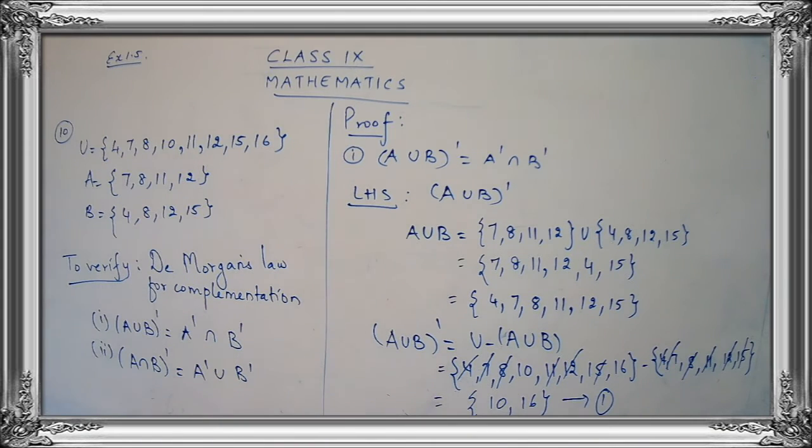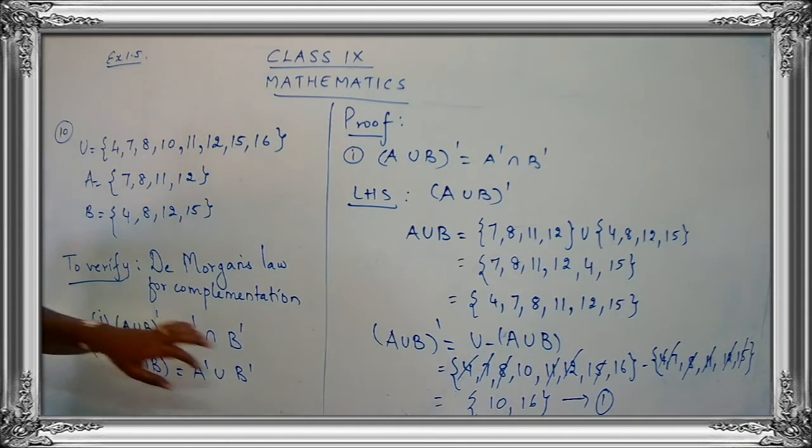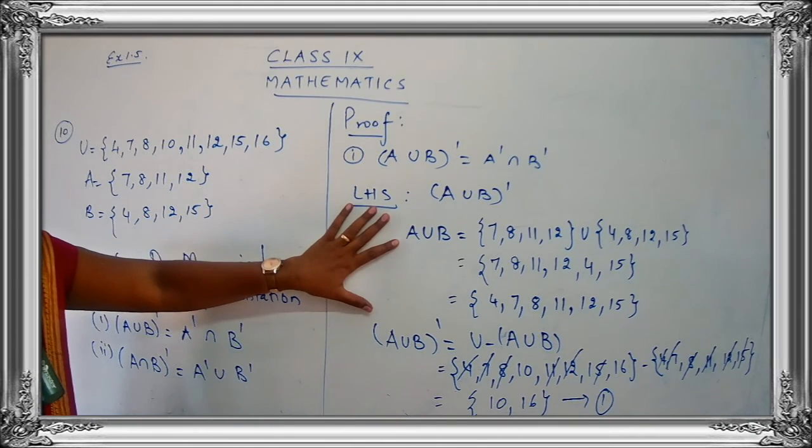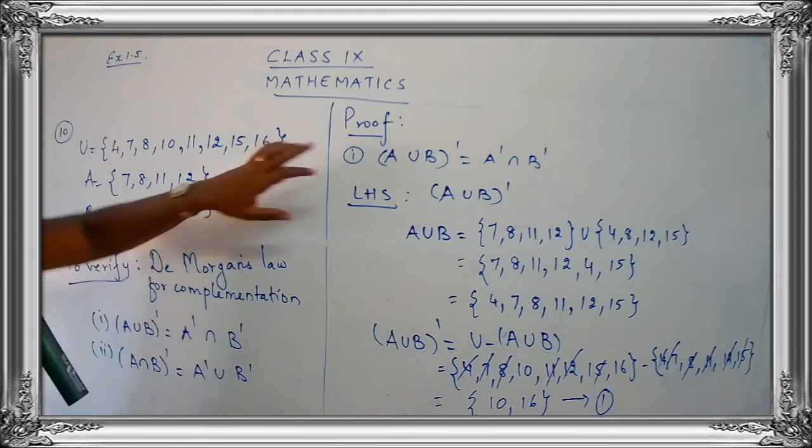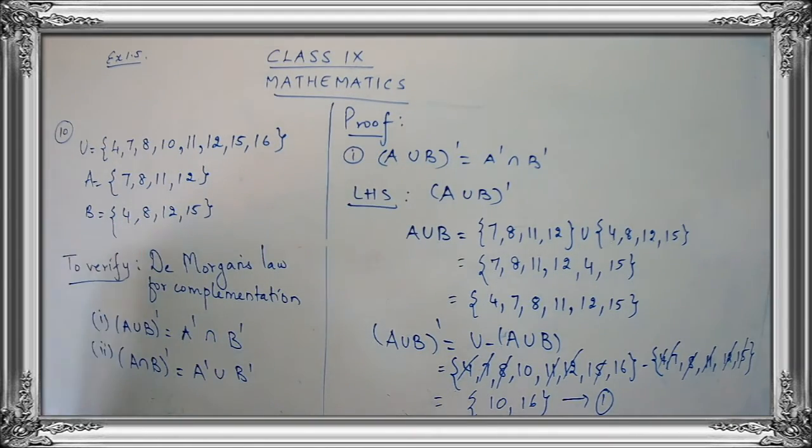Very easy thing. We know the members of U, write down the members of A union B, then cancel the common elements and take the members of U that remain: 10 and 16. So we have found the LHS part. What is the answer for LHS? 10, 16.